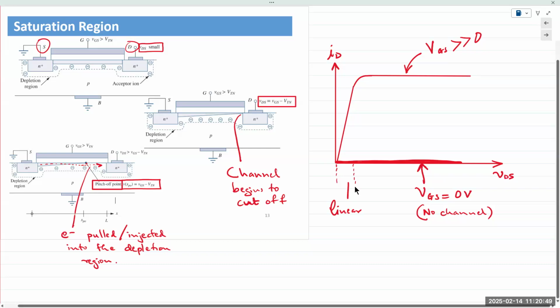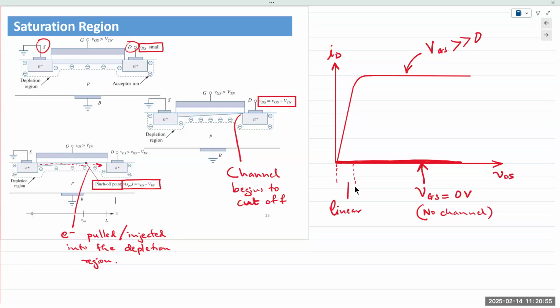Where a MOSFET differs from a JFET: in a JFET, you have a channel present. In a MOSFET, we need to apply VGS. If VGS is not applied, there's no channel. Now, there are depletion mode MOSFETs, but this is an enhancement mode MOSFET.